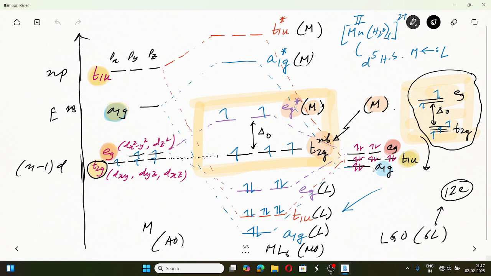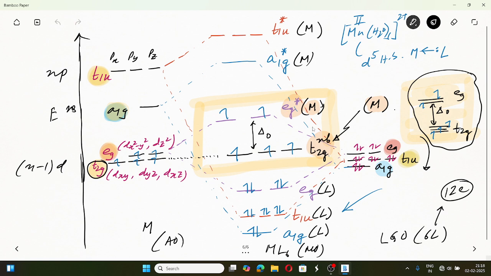So these electron pairs are from the ligand side. So there is ligand to metal sigma donation. And these electrons are accommodated in the T2g non-bonding and Eg star.